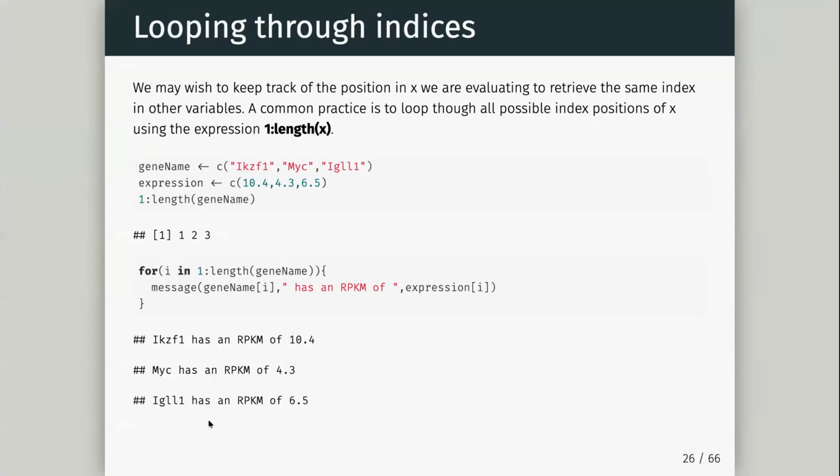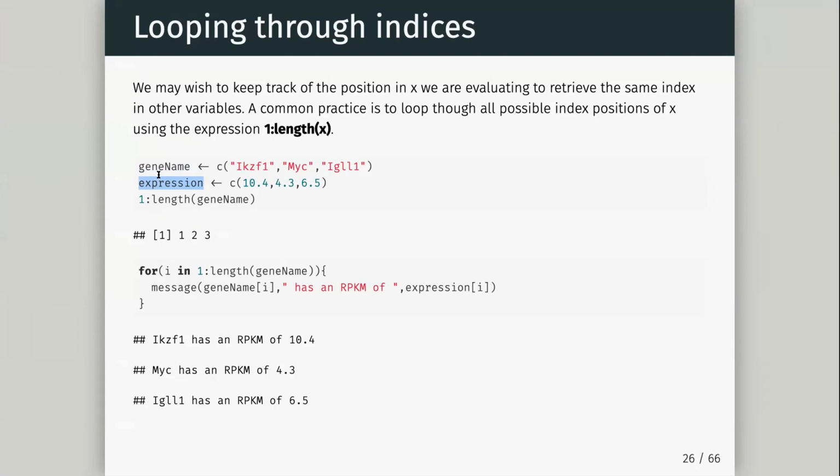Often, we want to loop through multiple vectors which we know are in the same order at the same time. Okay? So let's say for whatever reason I have a vector of gene names and I have a vector of expression. You can imagine in a file, your rows, you would have one column with gene names, and another with expression.